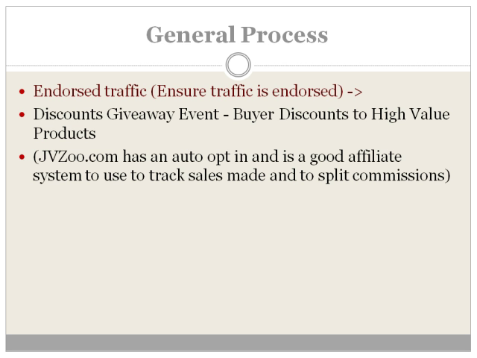This strategy is best implemented with the affiliate platform called jvzoo.com, simply because jvzoo.com offers a really good affiliate tracking system that can track the sales that are made, how many people come to the page, and the conversions.